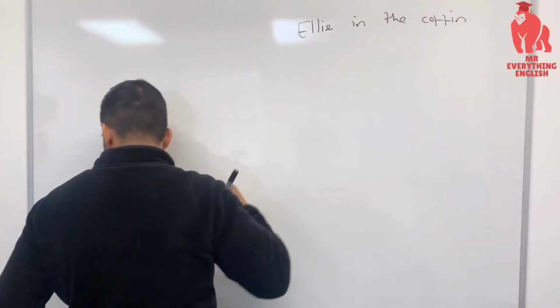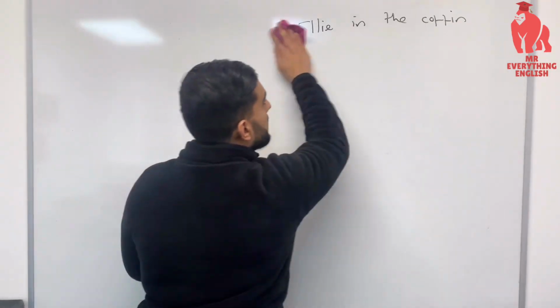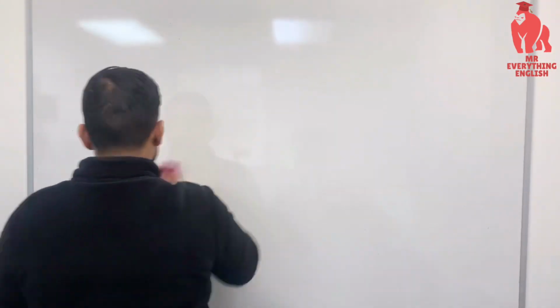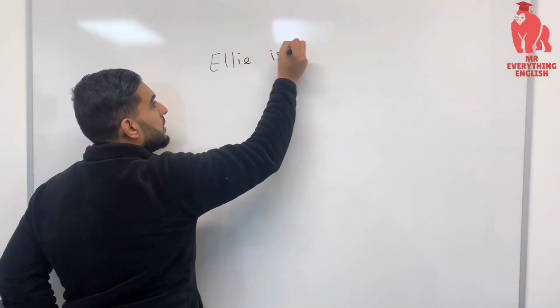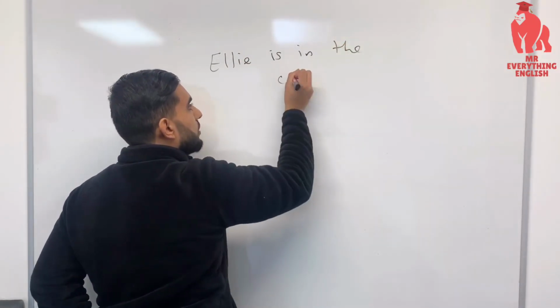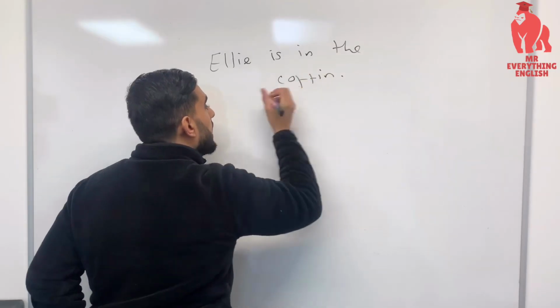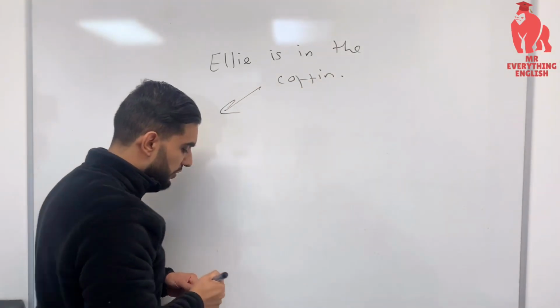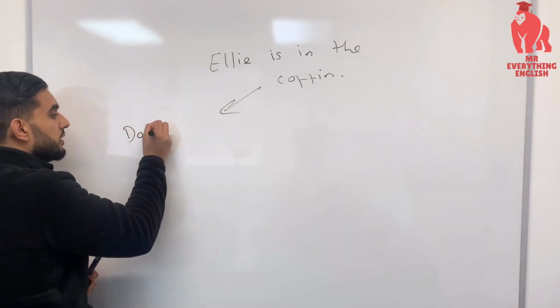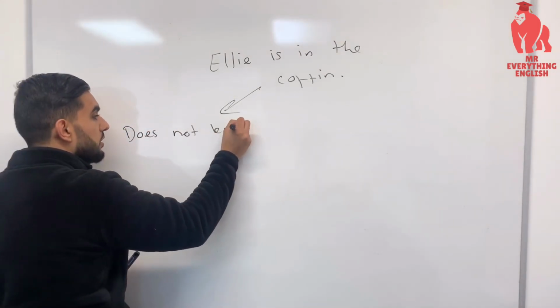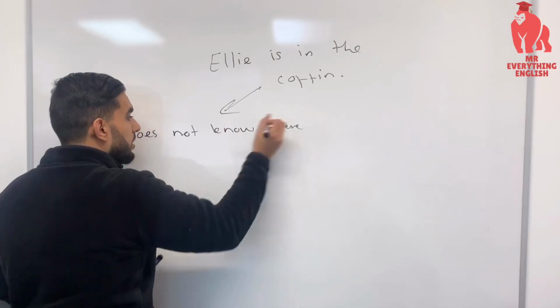Number 1, actually guys, you know what? Let me move it in the center because I need the space on the sides. So guys, number 1, Ellie is in the coffin. However, to create interest, to make it engaging, Ellie does not know where she is.